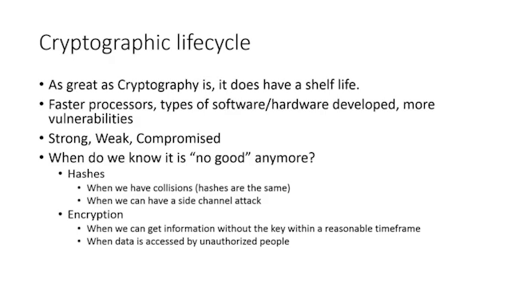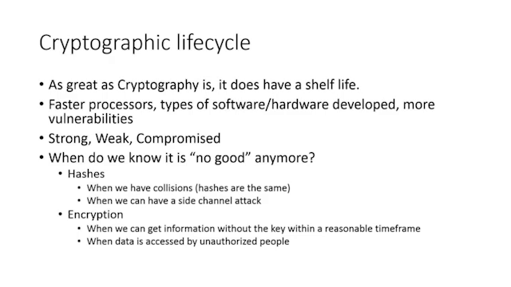It happens, though, especially with some of the older hashing algorithms that we've had. Also, when we can have side channel attacks, and we're going to talk about those a little bit later, but those are a couple things that point to weak hashing algorithms, that you may not want to use that particular solution anymore.